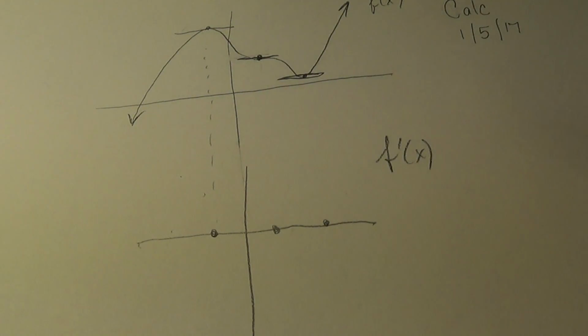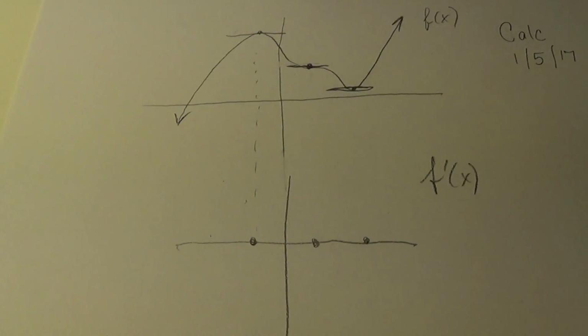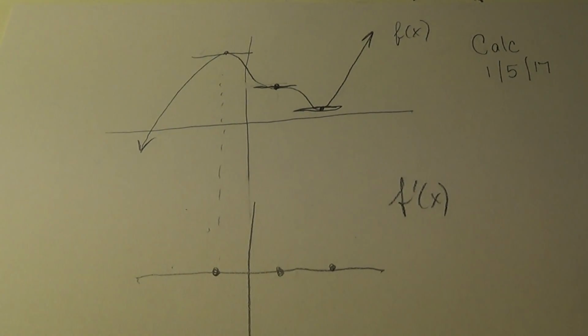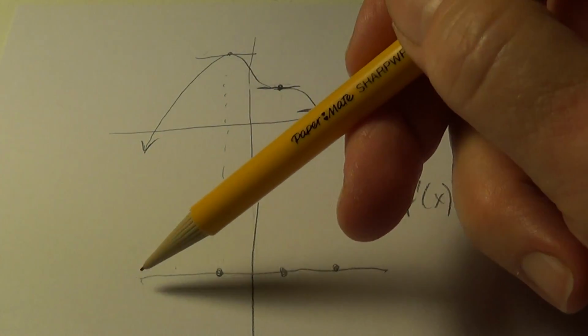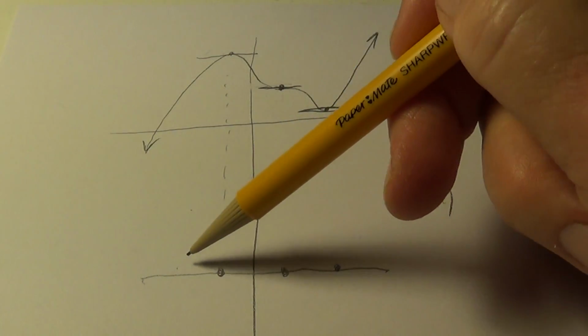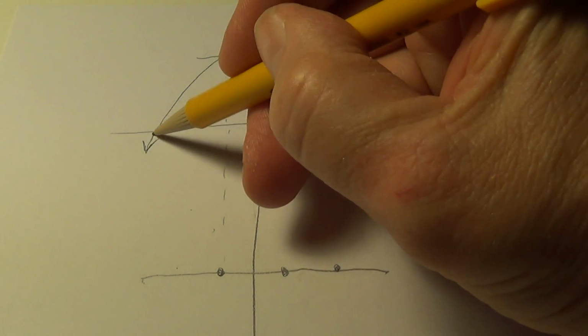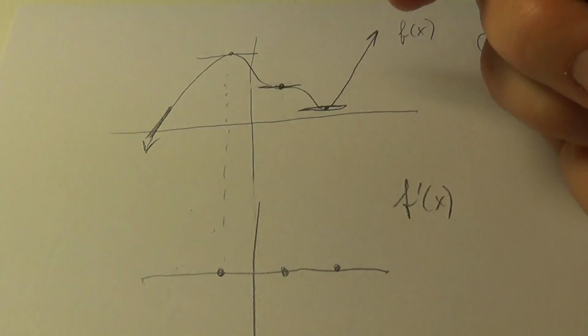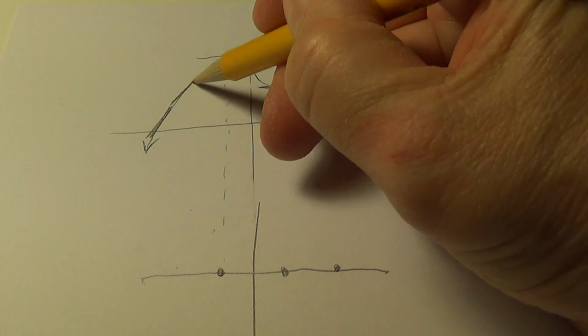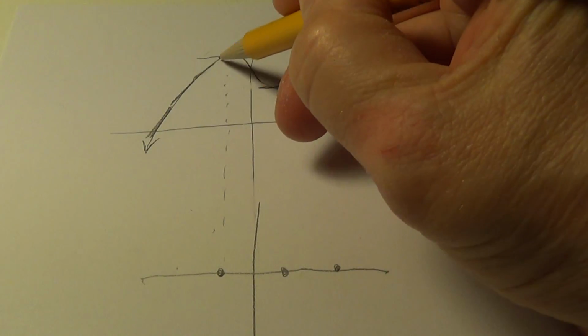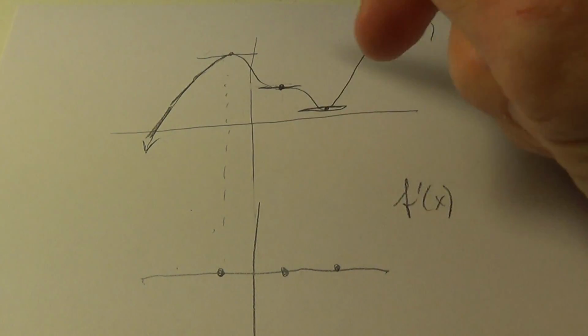Alright, so now let's look at what the slope is doing in between these 0 spots and to the side of these 0 spots. To the left side of this 0, we see that the slope is, first of all, positive, then it's less and less slope until it zeroes out.